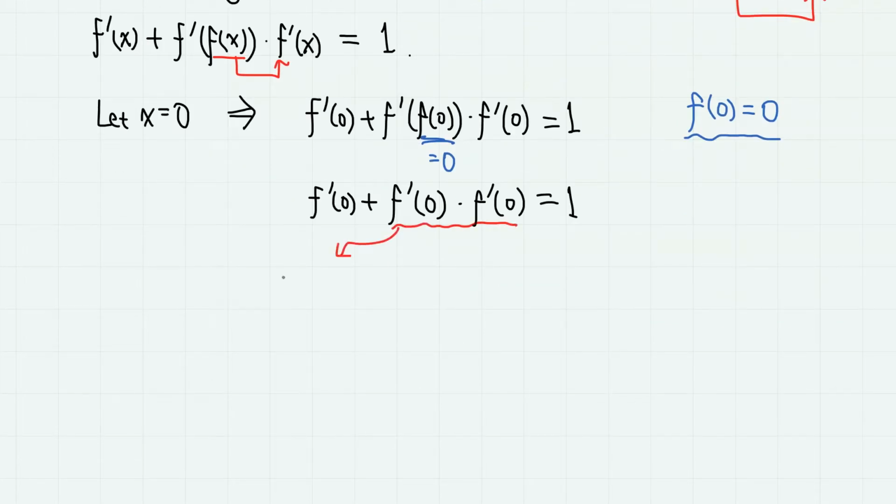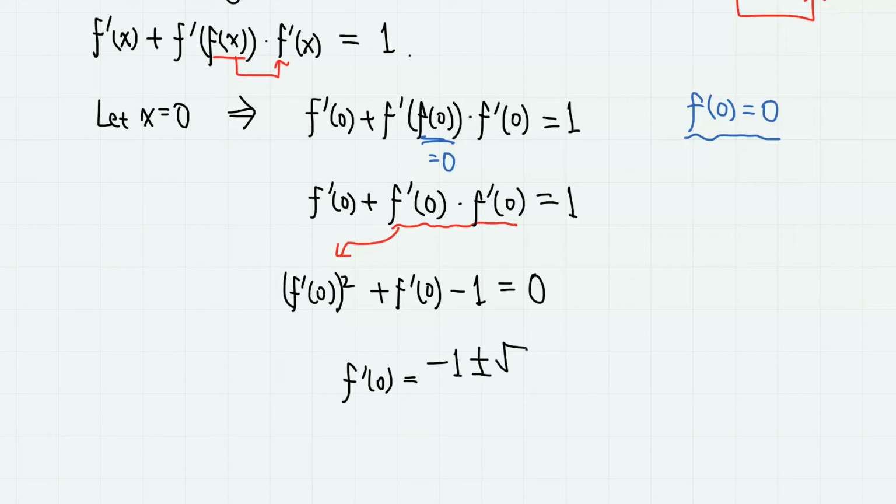So this part becomes f'(0) squared, then we have f'(0) squared plus f'(0) minus 1 equals 0. And if we use the quadratic formula, we obtain f'(0) as minus 1 plus or minus square root of 1 squared plus 4, over 2. So we have minus 1 plus or minus square root of 5 over 2.